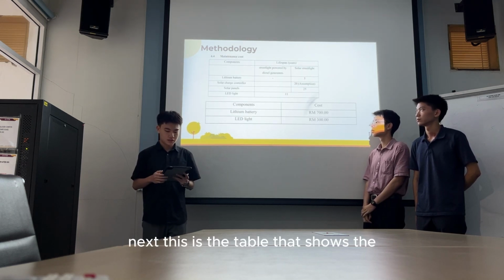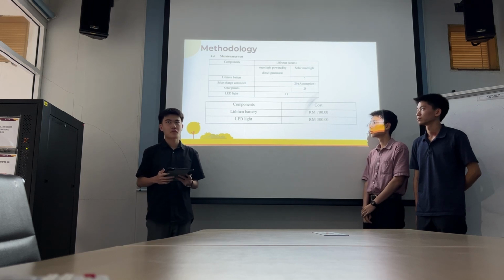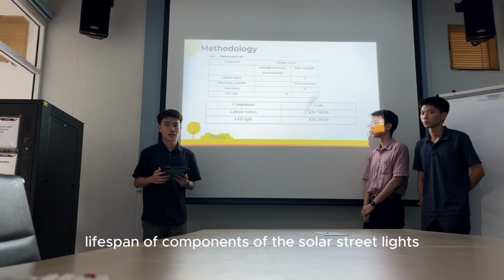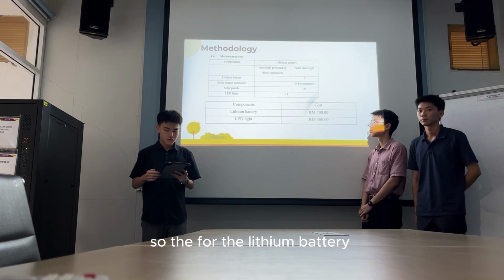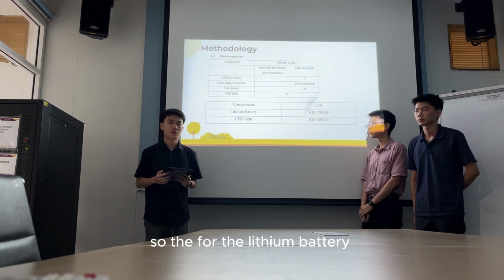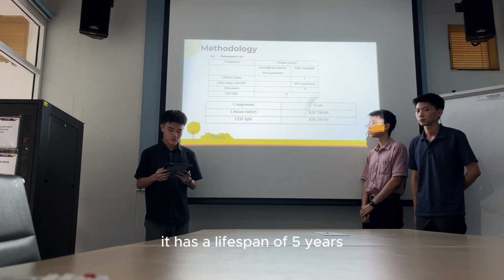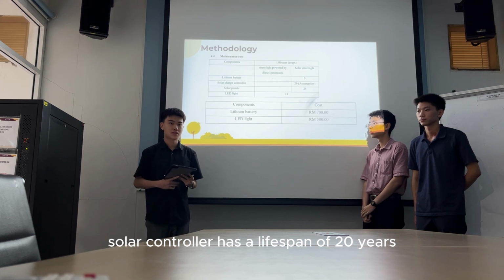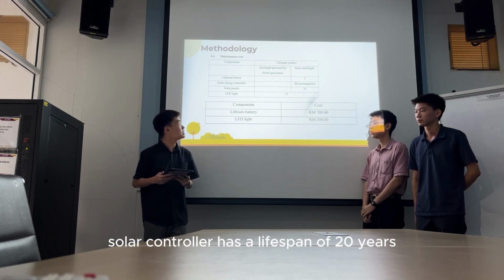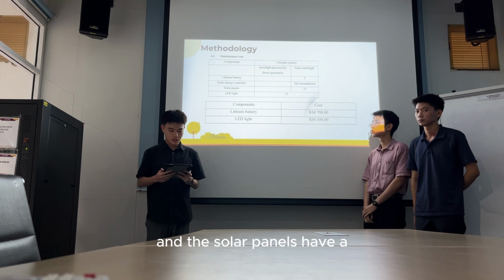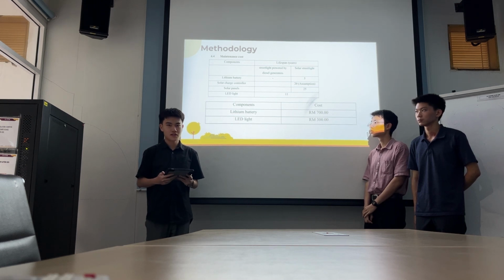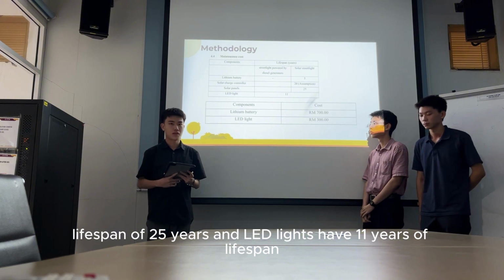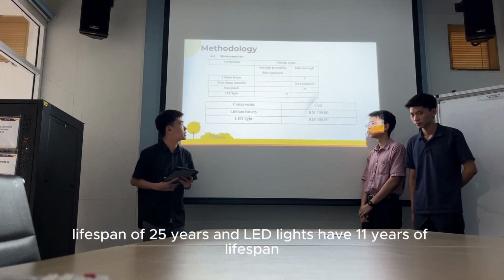Next, this is a table that shows the lifespan of components of the solar streetlights. The lithium battery has a lifespan of 5 years, the solar controller has a lifespan of 20 years, the solar panels have a lifespan of 25 years, and the LED light has 11 years of lifespan.